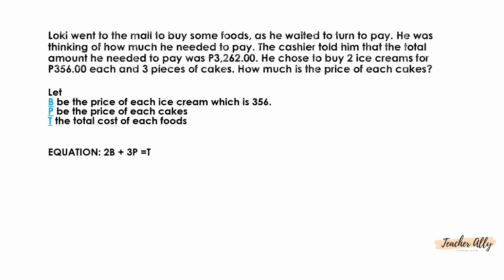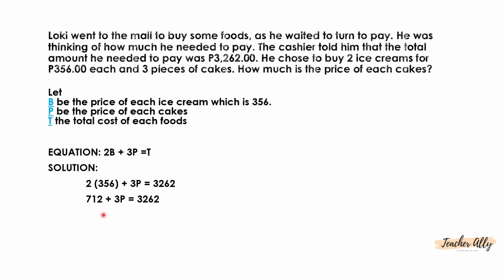Equation: 2B plus 3P equals T. Solution: 2 times 356 plus 3P equals 3,262. So we will multiply 2 by 356. The answer is 712.